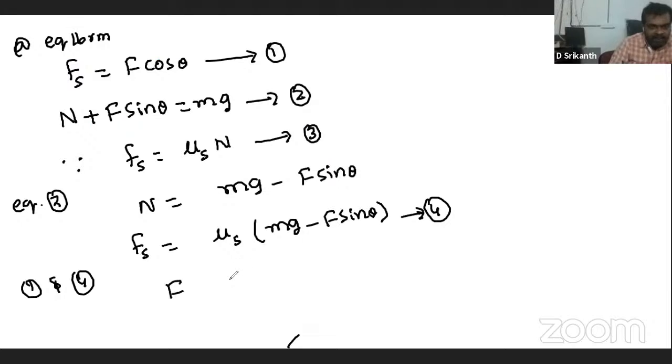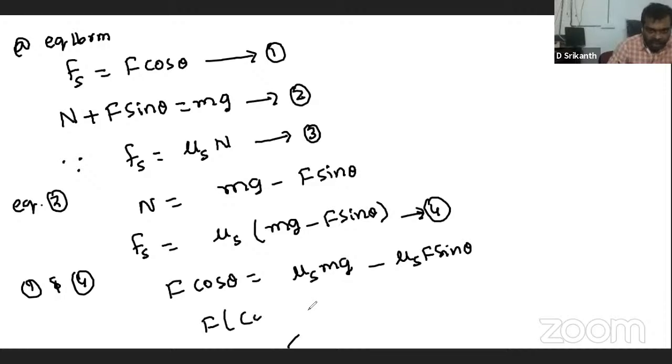We can write F cos theta equals mu s mg minus mu s F sin theta. So F times (cos theta plus mu s sin theta) is equal to mu s mg.